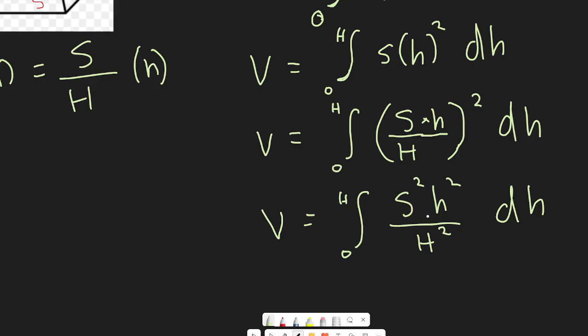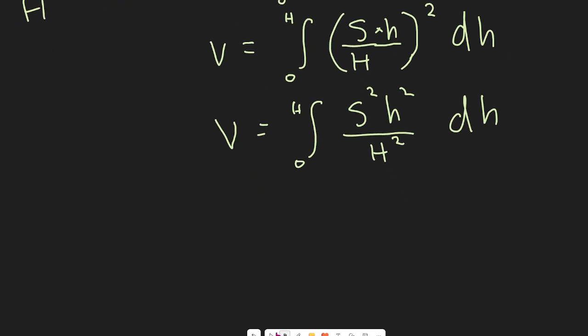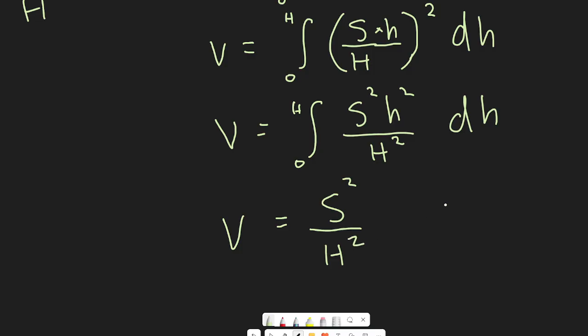Uppercase S is just the side length of the base of the whole square pyramid, and uppercase H is the total height. So those aren't really changing. And because it's a constant, we can take it out of our integral, right? So we can just say V is equal to S squared divided by H squared times the integral of 0 to H of h squared dh.